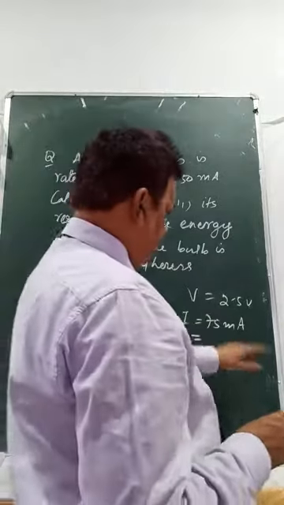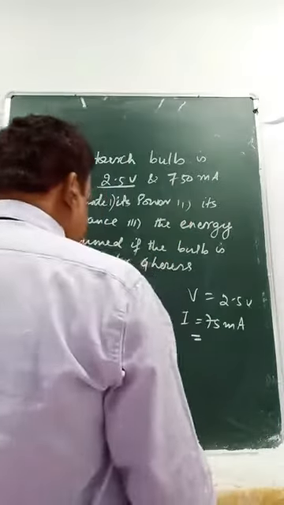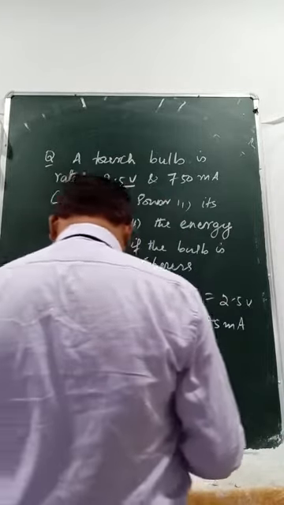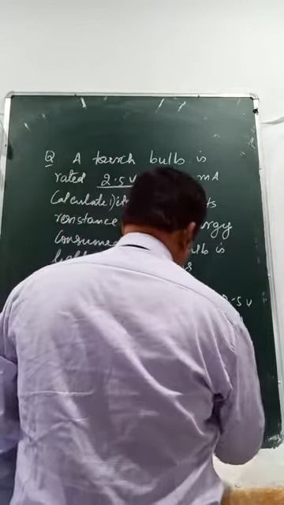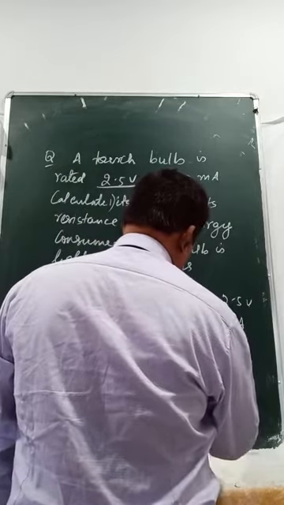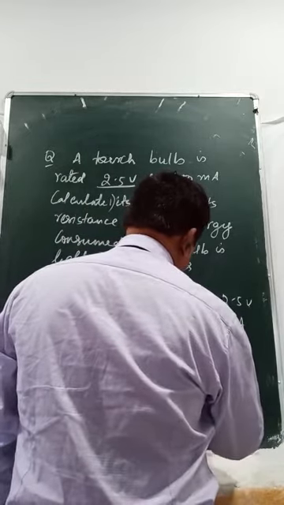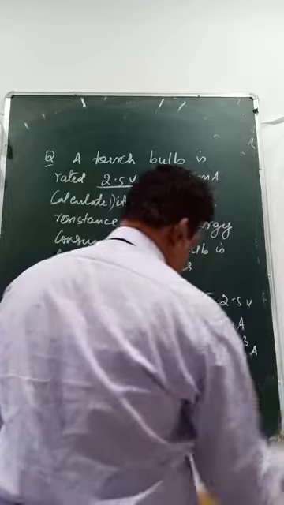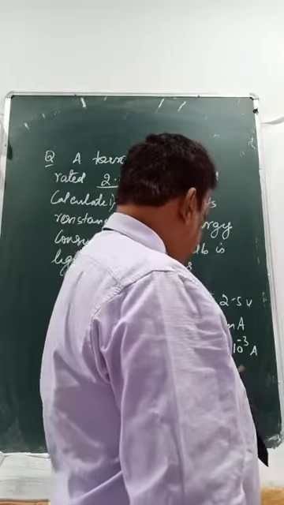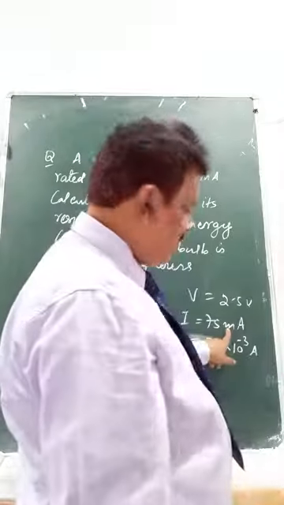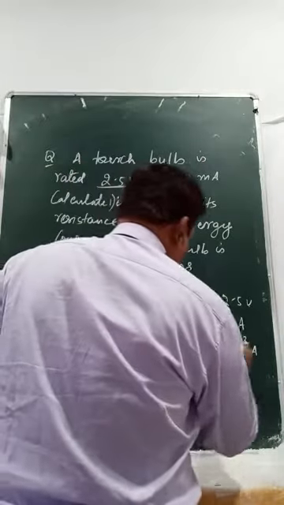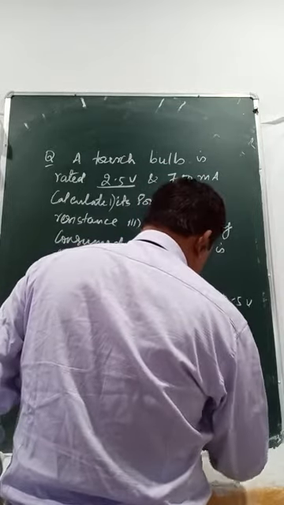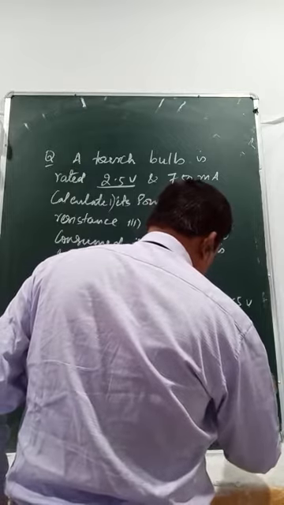Milli means 10 to the power minus 3. Try to understand this. Milliampere converted to ampere means the decimal will move 3 places. That will be 0.75 ampere.